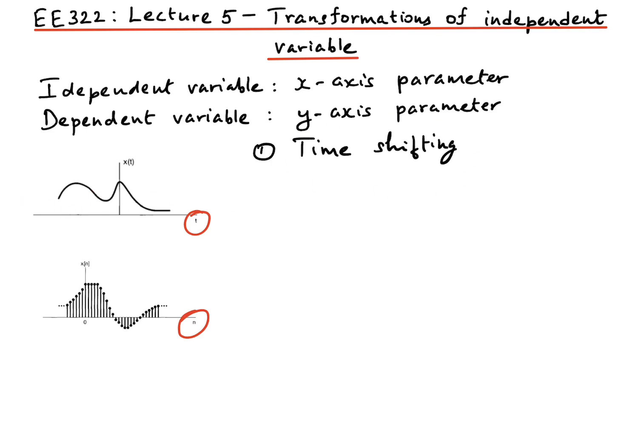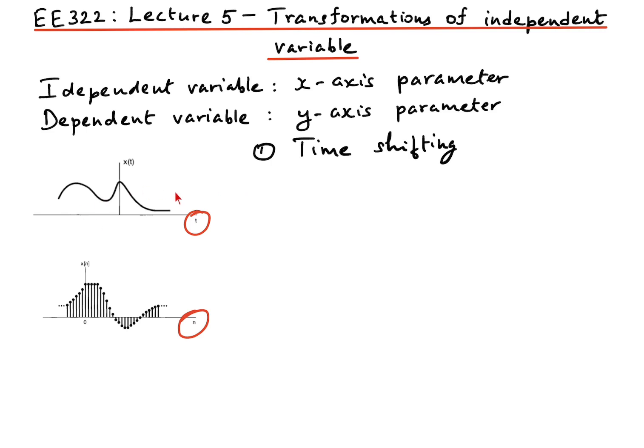That shifting is called time shifting, because the waveform is going to be shifted in the horizontal direction along the axis of the independent variable. In the continuous case, it is shifted along the axis of the time variable, and in the discrete case it is shifted along the axis of the index variable n. So it is a horizontal shift of the waveform by a certain amount.